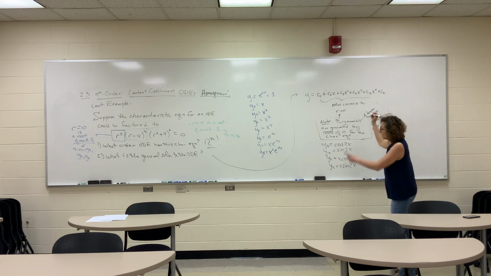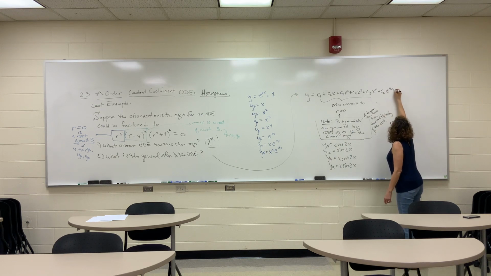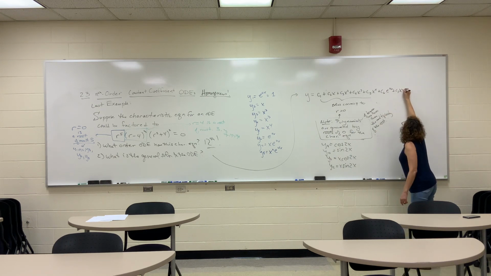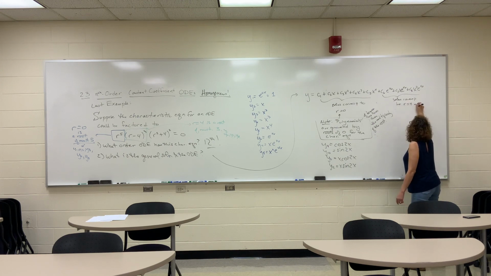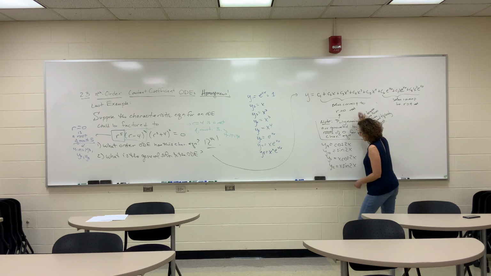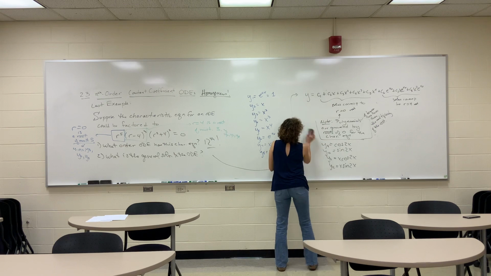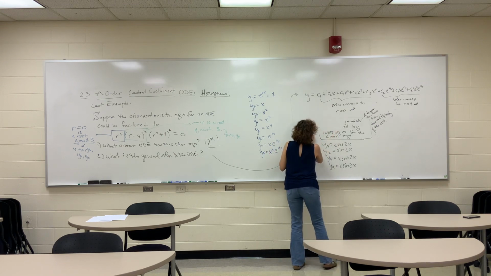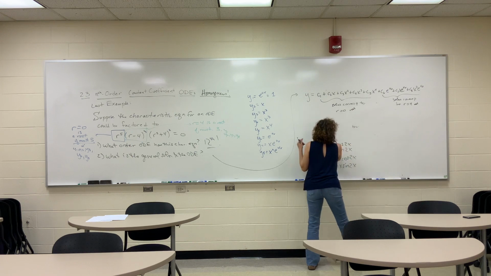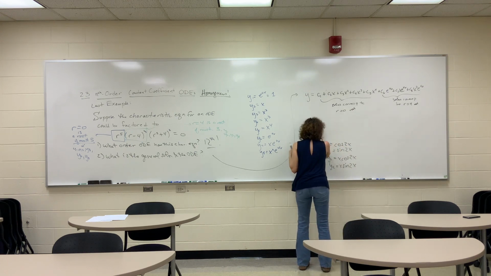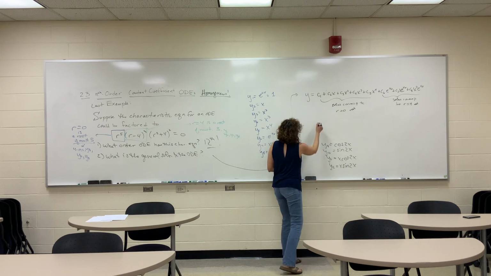Then we got C6 e to the 4x plus C7 x e to the 4x plus C8 x squared e to the 4x. These three guys are solutions corresponding to the r equals 4 root. And now we want to have space, so I'm going to erase this piece. Hopefully you have that. You can always just stop the video. And now we need the rest, so plus what?